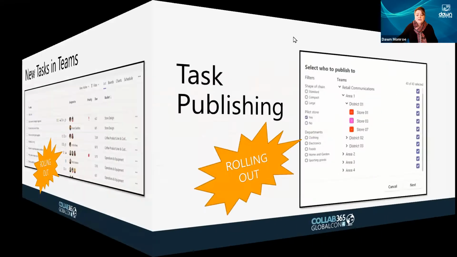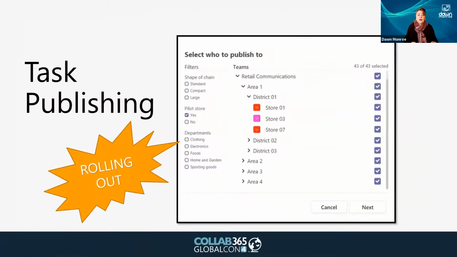And then, super important, they are doing something called task publishing. And so, by however your organization, the hierarchy of your organization, you're going to be able to share out lists of tasks to specific locations.